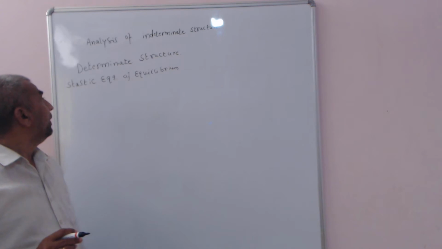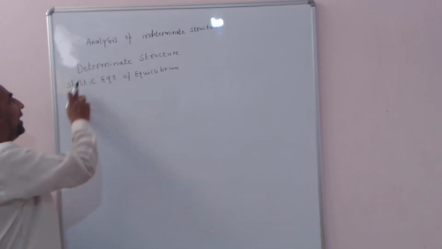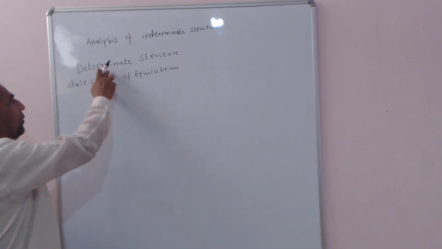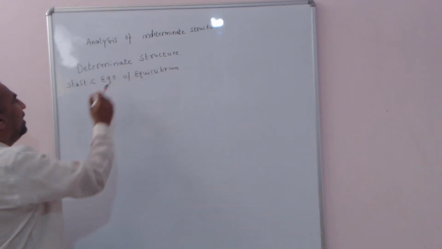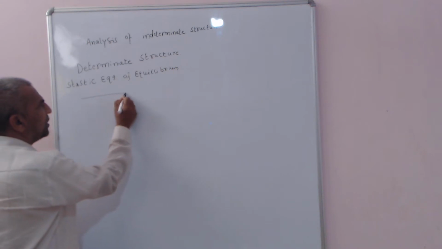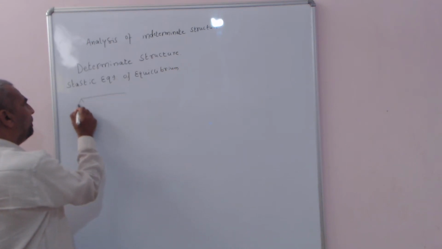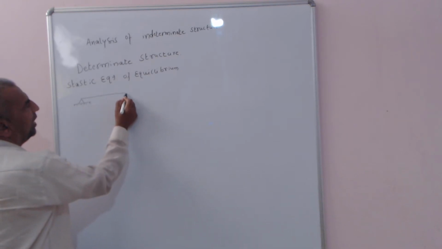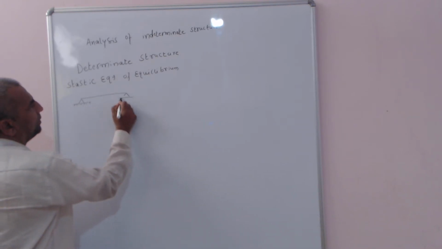Let me revise how we call it determinate and indeterminate. For example, for the basic structure, last year we studied a simply supported beam, a beam with hinge support and roller support.